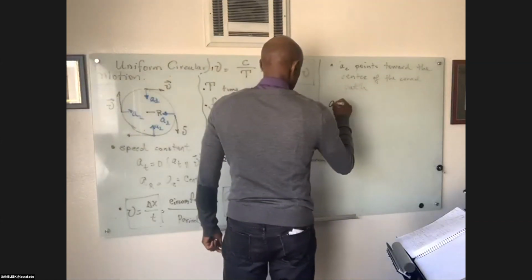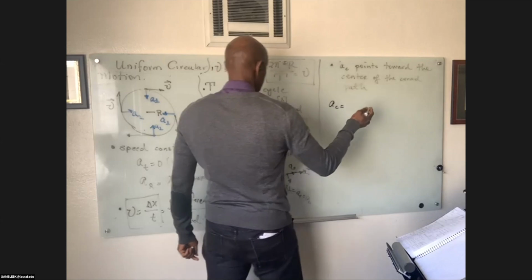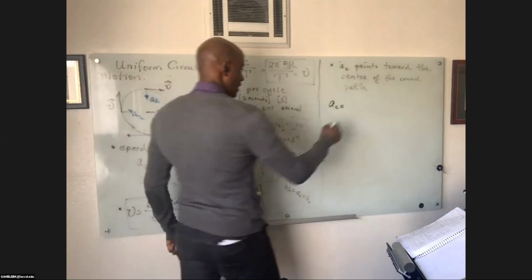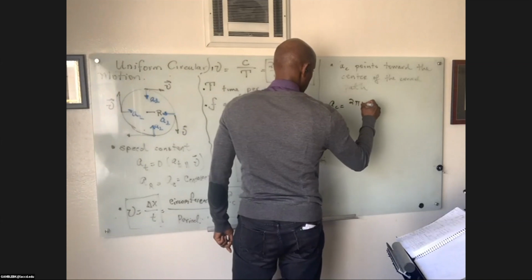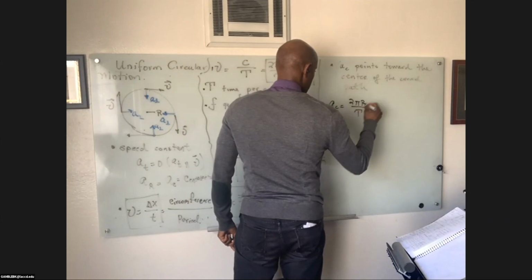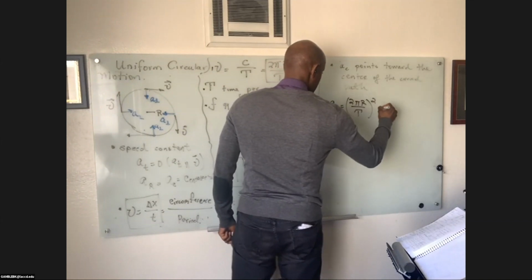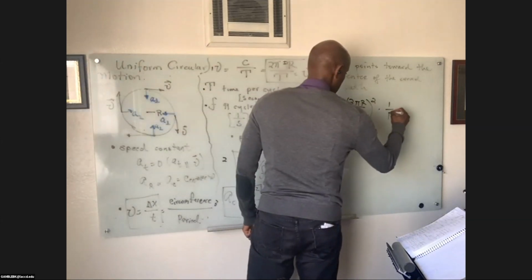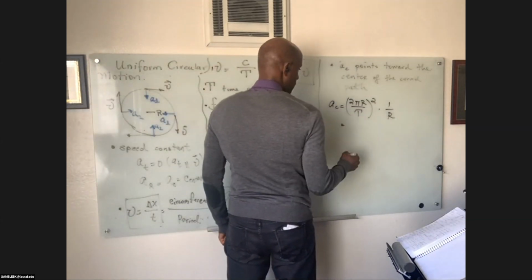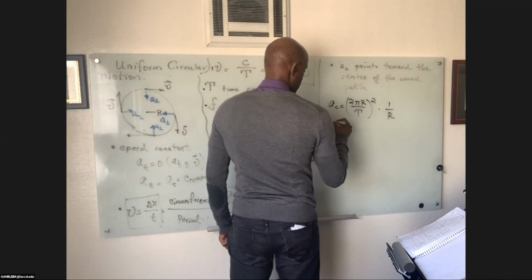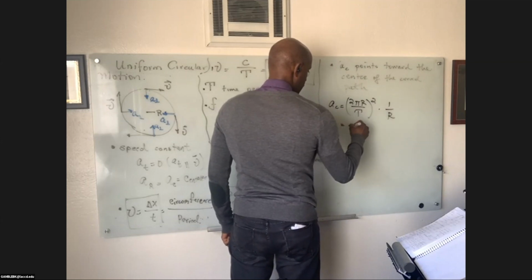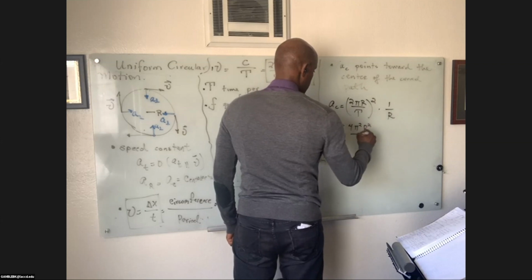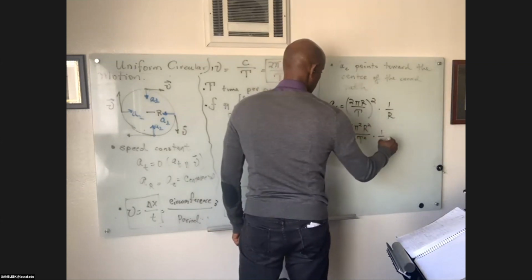So AC equals v squared over r, but v is 2 pi r over the period. Putting that in, it's 2 pi r over the period, quantity squared, but then I still have to divide by the radius, so times 1 over r. Squaring it, AC is 4 pi squared r squared over the period squared times 1 over r.